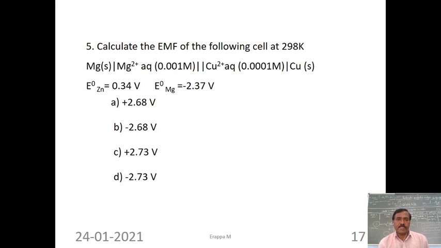You have to calculate the EMF of the cell using the equation. There are 4 answers: A is plus 2.68, B is minus 2.68, C is plus 2.73 volts, D is minus 2.73 volts. Using the calculation of EMF, A is the answer, that is plus 2.68 volts.